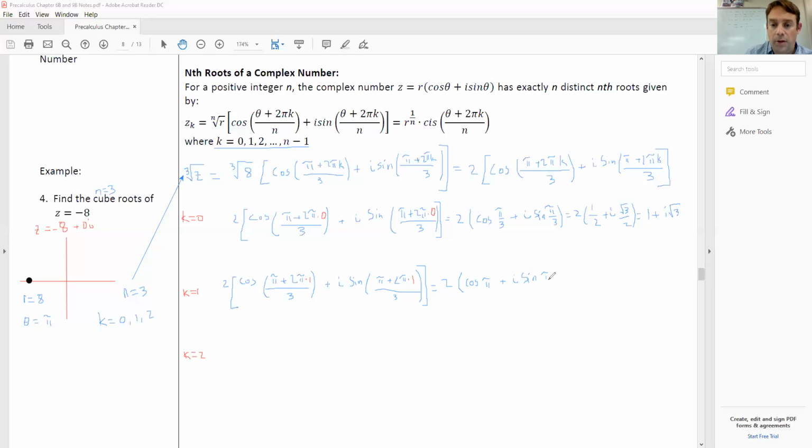So there's my pi again. And cosine of pi is -1, and sine of pi would be 0, and I end up with -2. So -2 is still a root of -8. It had to be. I just didn't know which one of these k values was going to give me -2. It turns out it was k equals 1. So that means k equals 2 will give me another complex root.